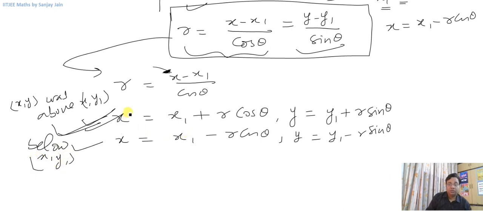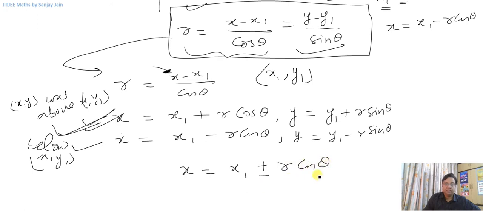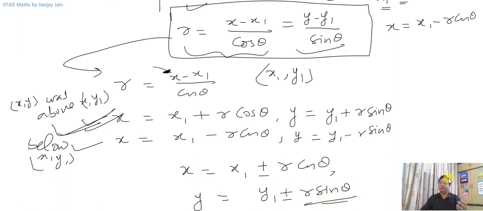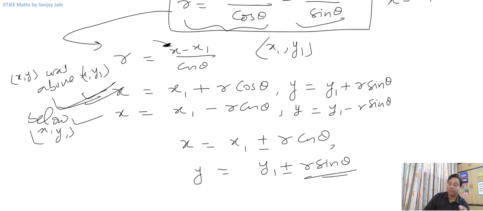So now if I want to write a general point at a distance of r units from this point x1 y1, I can write it like this: x equal to x1 plus minus r cos theta, and y equal to y1 plus minus r sin theta, because this point can be above the given point or below the given point.